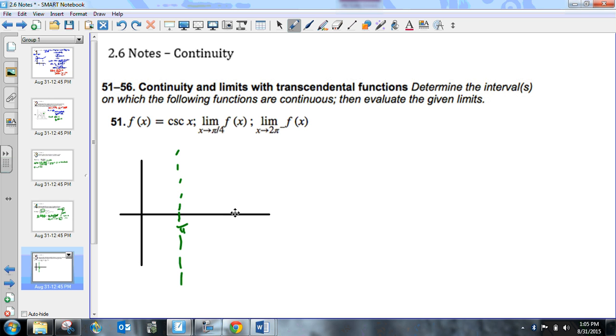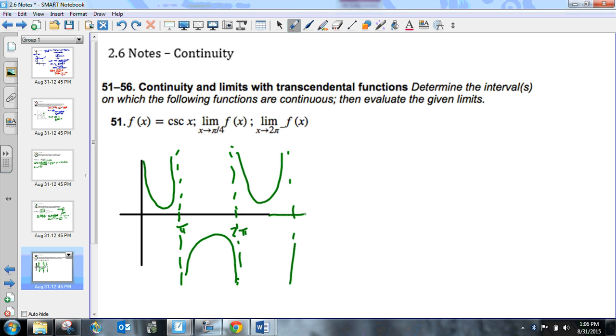So I have vertical asymptotes, and the cosecant graph has the U shape and alternates between the two. It's continuous for all values except at pi, 2 pi, 3 pi, 4 pi, and so on.